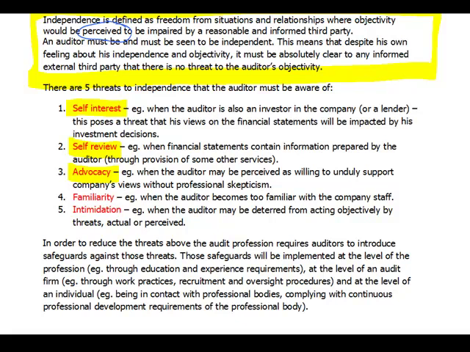He might know, for example, that there will be some valuations, there might be some bookkeeping services on the horizon, or tax advice, and because of that, the auditor does not want to question the client's views too much.